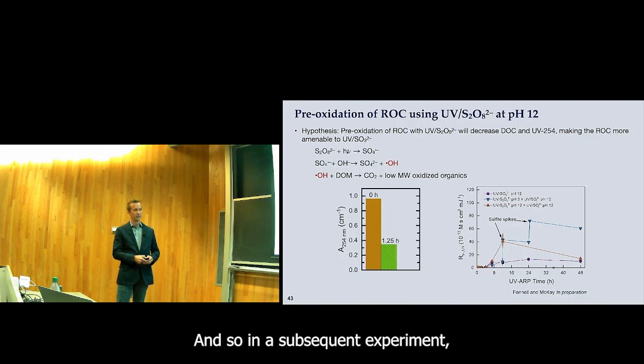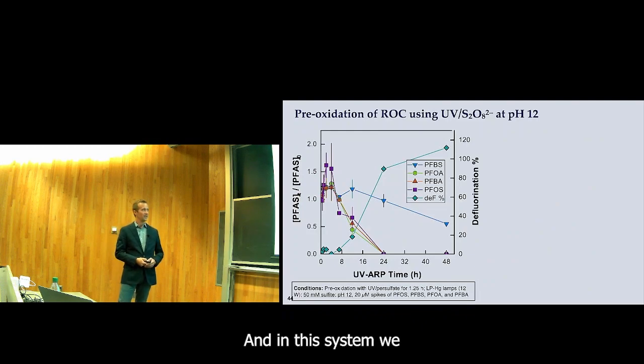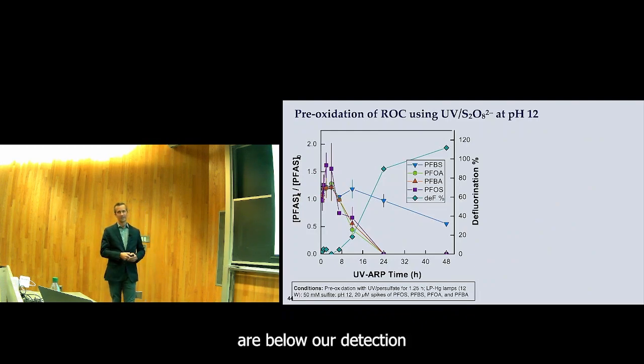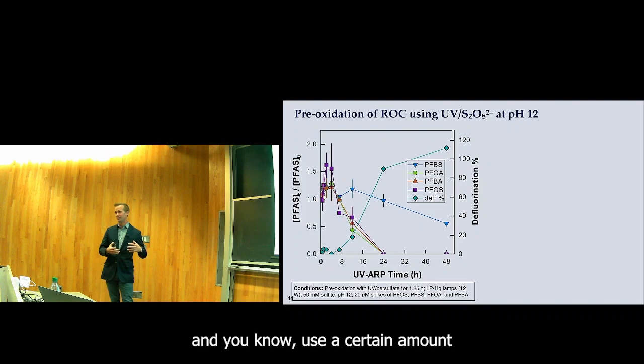And so in a subsequent experiment, Ben did additional spikes of sulfite to maintain a higher level. And in this system, we are below our detection limits for PFAS, though these aren't PPT levels. Just keep in mind, we started off with 1 milligram per liter for each compound, and used a certain amount for SPE.